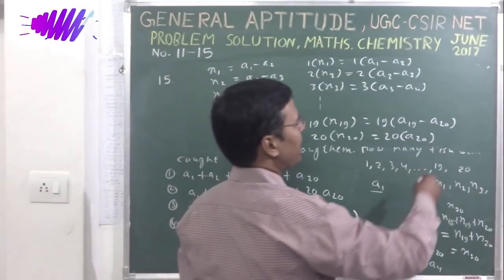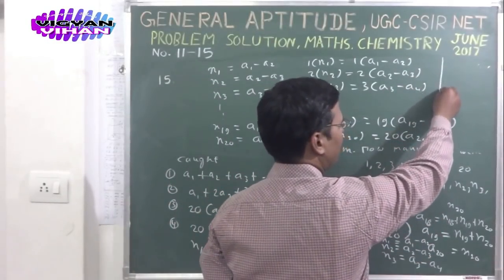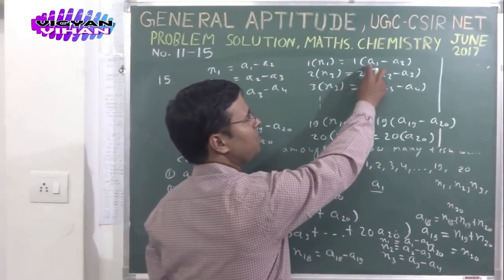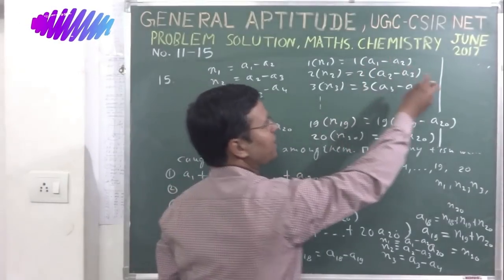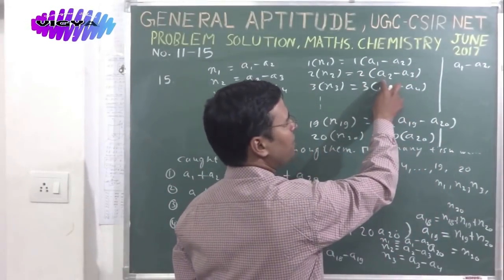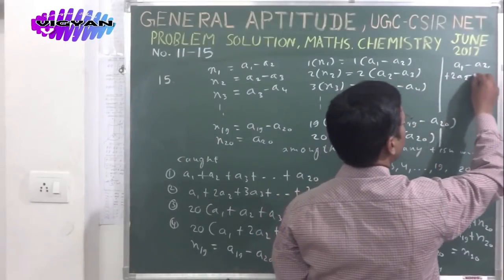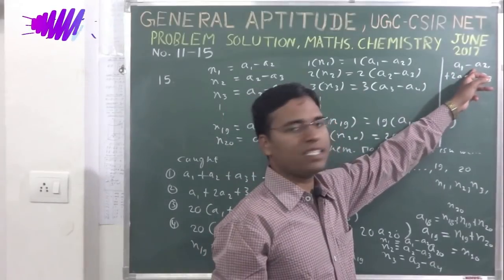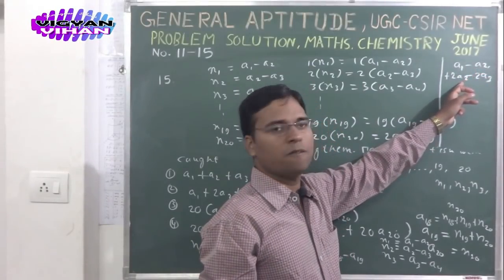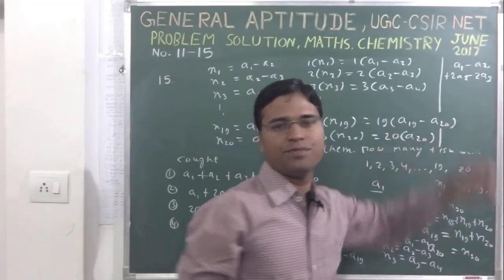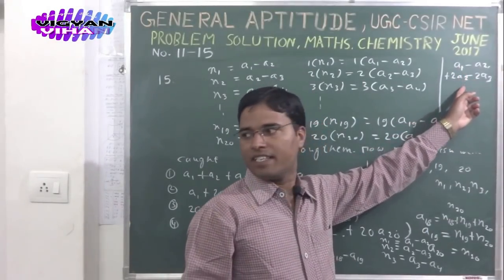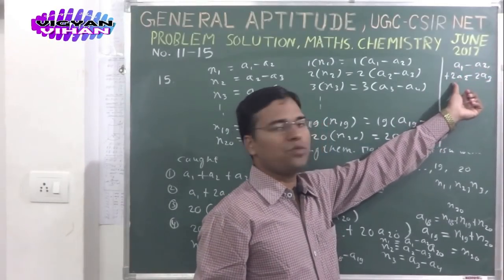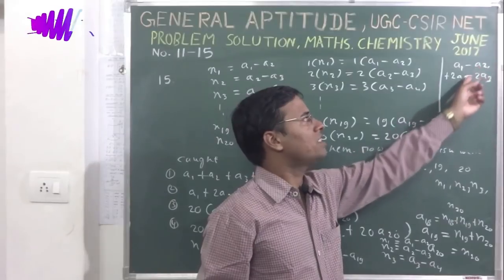Add these terms to get the total number of fishes caught by these fishermen. Here you can see A1 minus A2. Here it is 2 A2 minus 2 A3, but here it is minus A2, here it is positive 2A2. So the remaining terms, A1 minus A2 plus 2A2, give A1 plus A2.